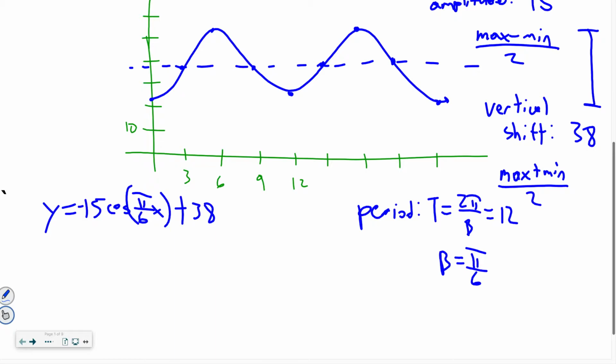One more question then. Take 30 seconds, come up with an equation that uses sine, positive sine. We've done all the heavy lifting.